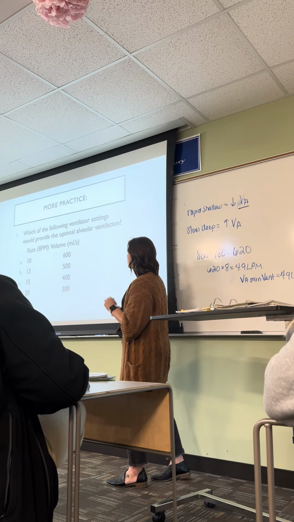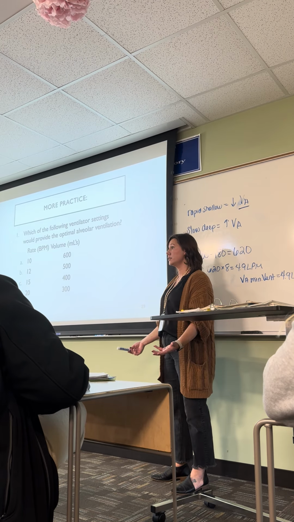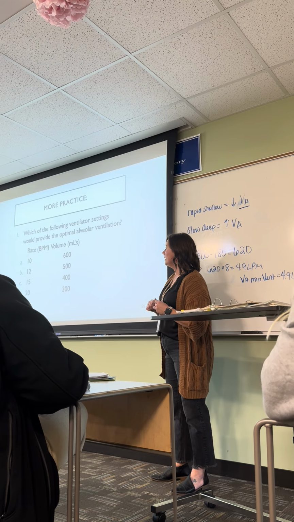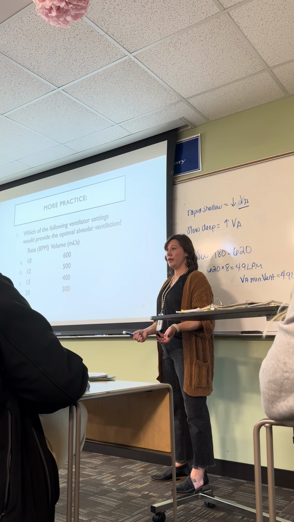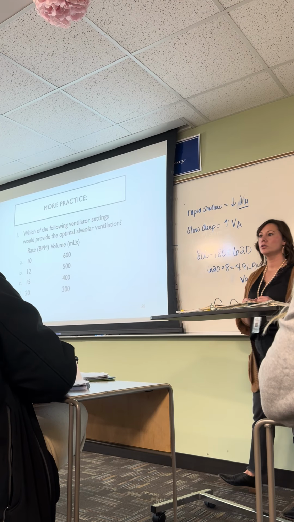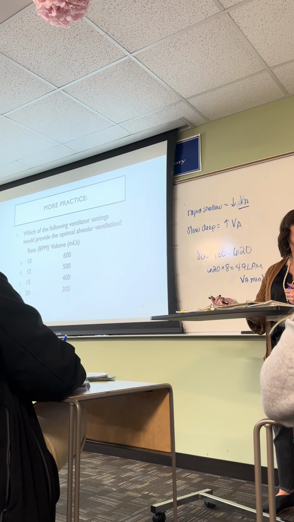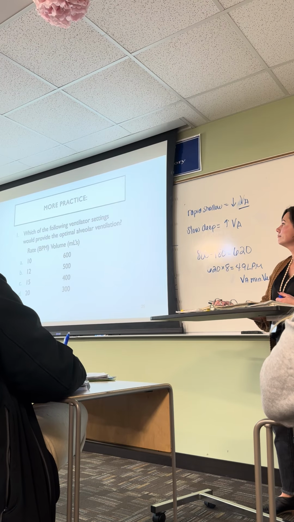So what is our largest tidal volume? 600. And it's also the lowest rate we have. So do you think that would probably be the most optimal? Yes, okay. Does that make sense? Slow and deep.